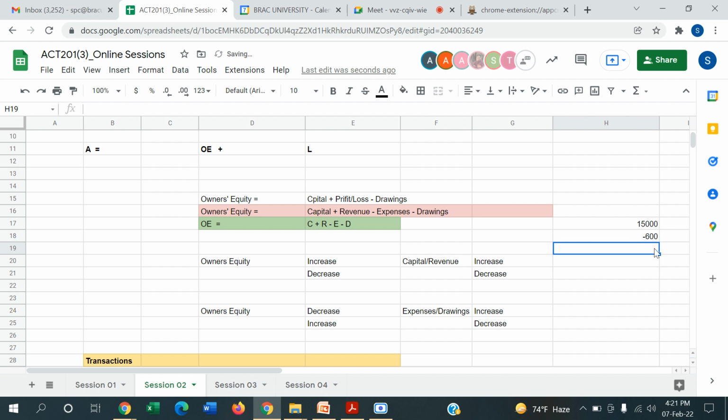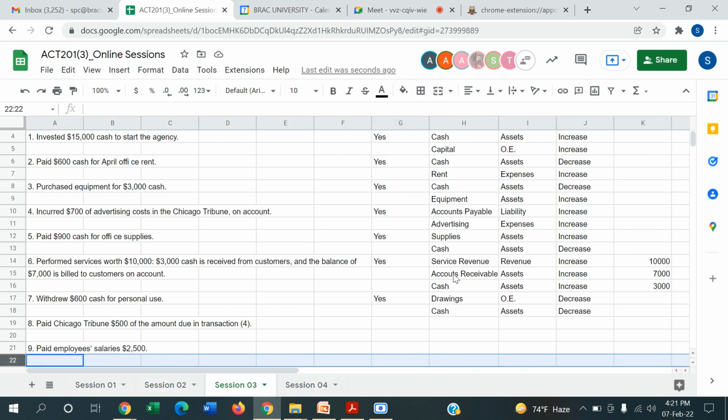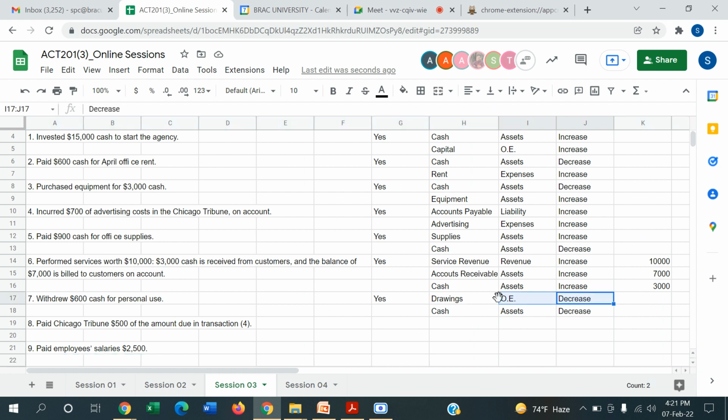Before the withdrawal, what was the claim of the owner? $15,000. Now what is the claim of the owner at this moment? 14,400. So by the withdrawal, the owner's claim is reduced or increased? Reduced. That's why we mentioned that when the drawings increase, owner's equity decreases. Is that okay? Okay, sir.